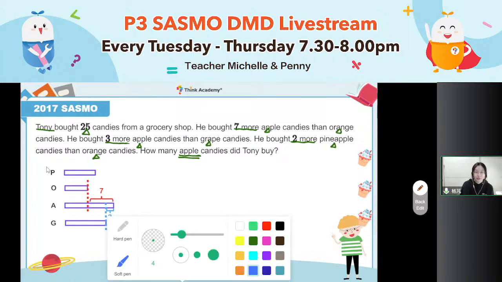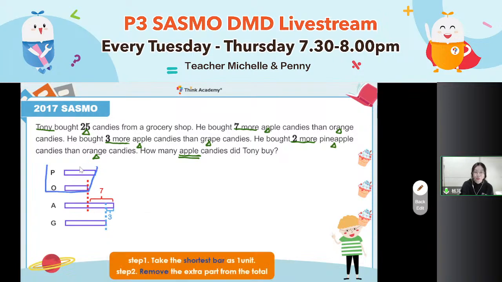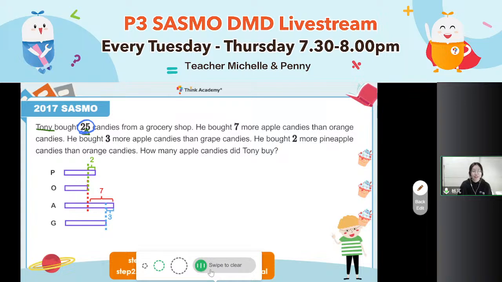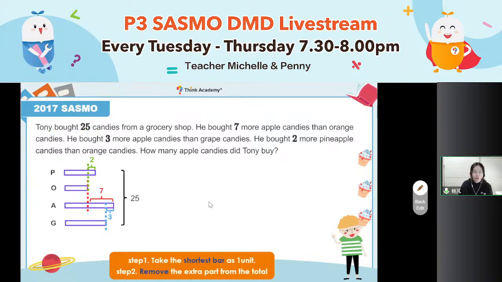This time be careful. The 2 means the difference between pineapple and orange. So we draw a dashed line. This part is 2. Okay, now I have already drawn out the unitary model. And one number is not on the model yet, 25. So 25 means total. Altogether is 25.